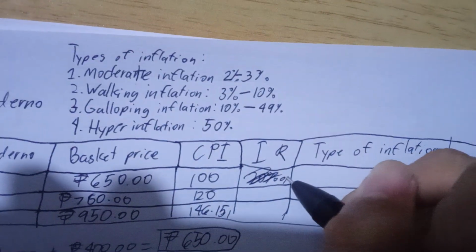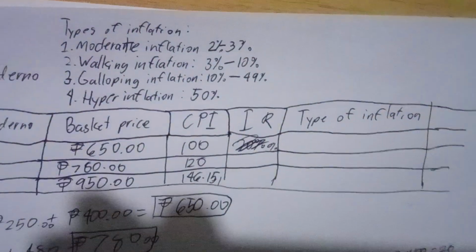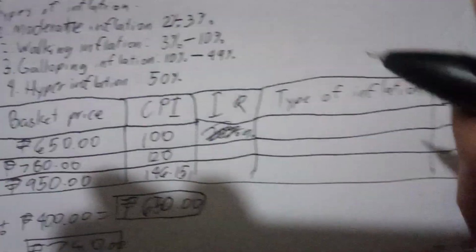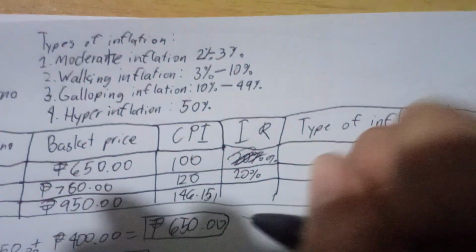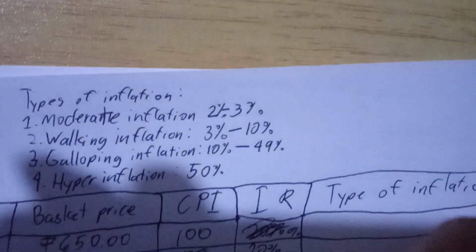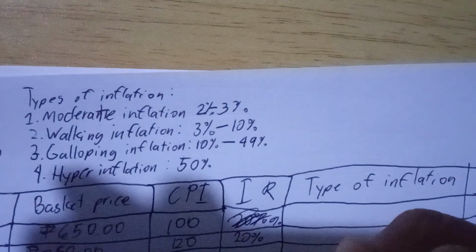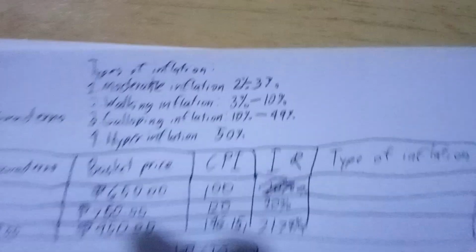The IR for the base year is always 0%, so it's 0%, 20% and 21.79%.